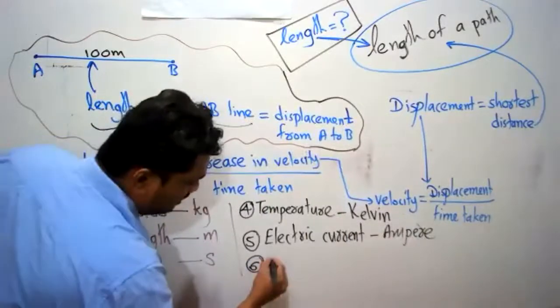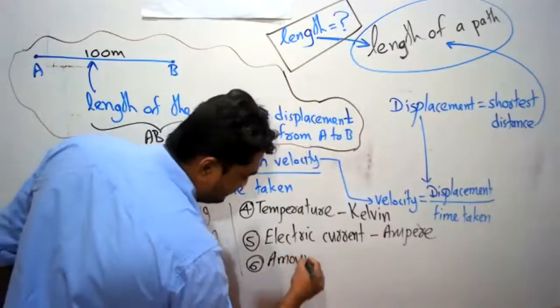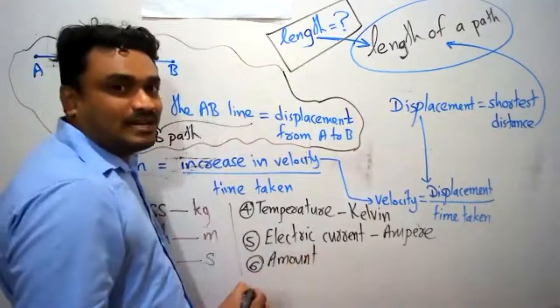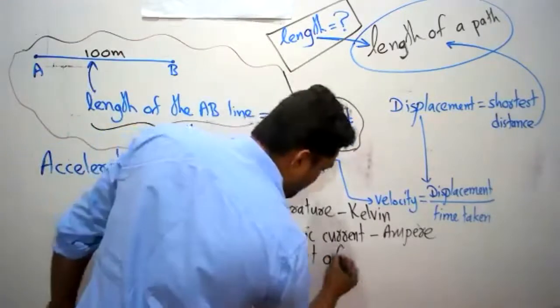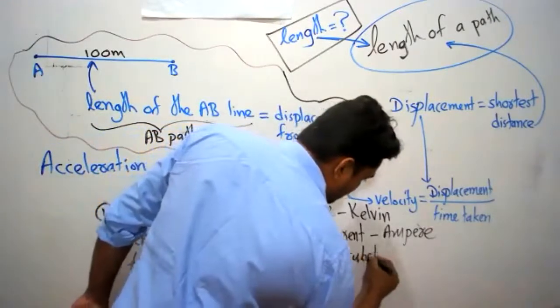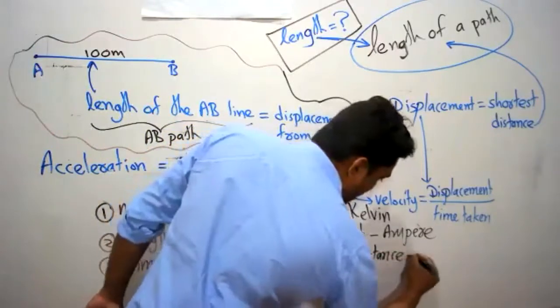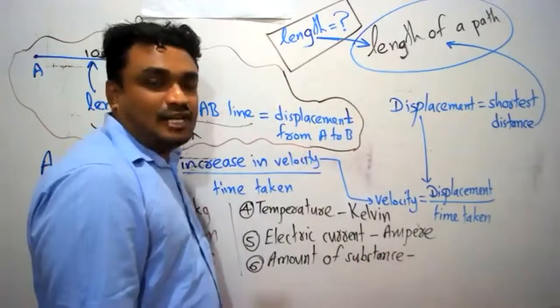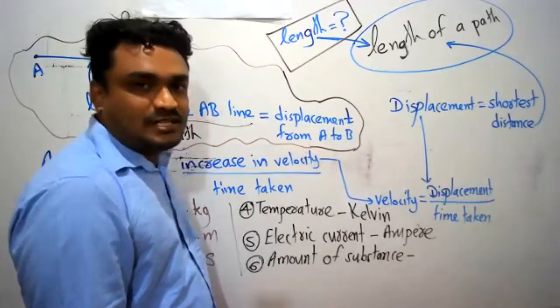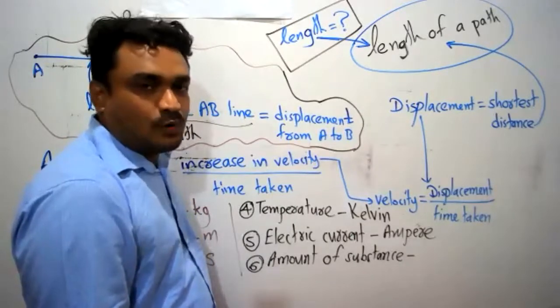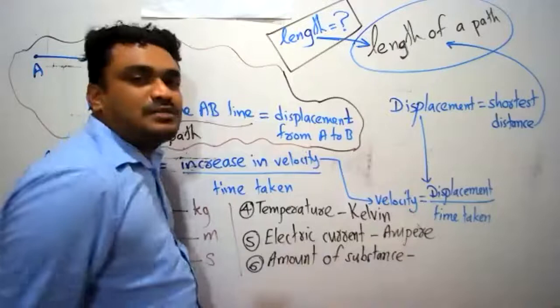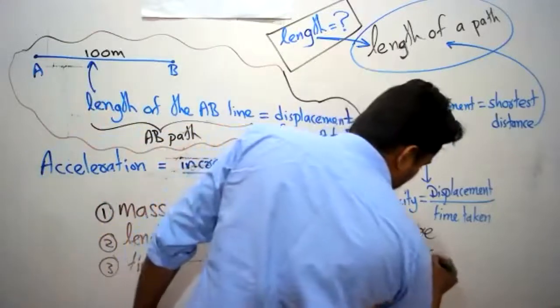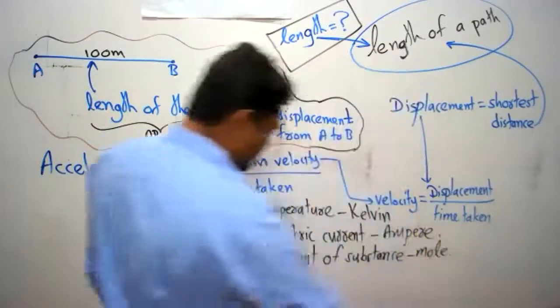Sixth one, amount of substance, which is widely used in chemistry. Our team has introduced you to the best chemistry teacher, so we have provided everything. So for amount of substance, what's the unit here? Mole.